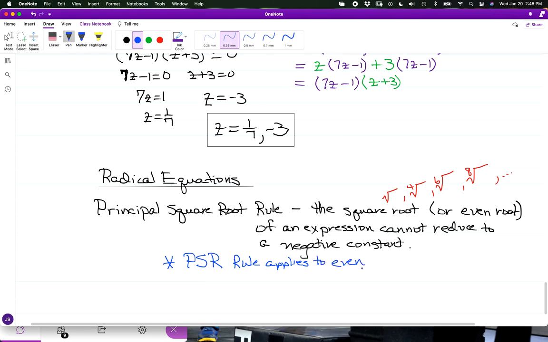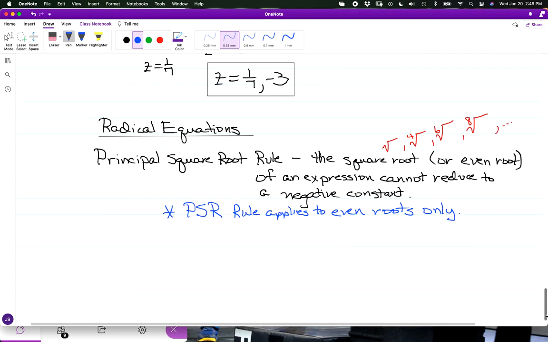It's going to apply to even roots only. Like it would not apply to cubic roots or fifth roots or seventh roots. And let me give you just kind of a backdrop to the principal square root rule.